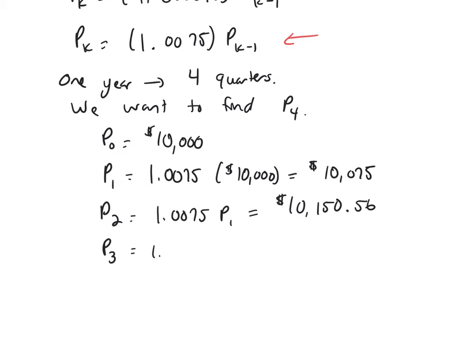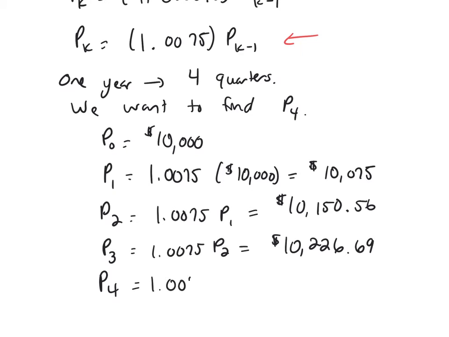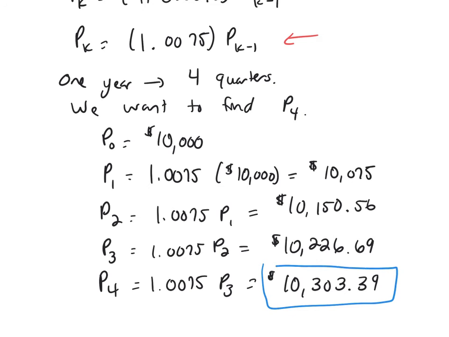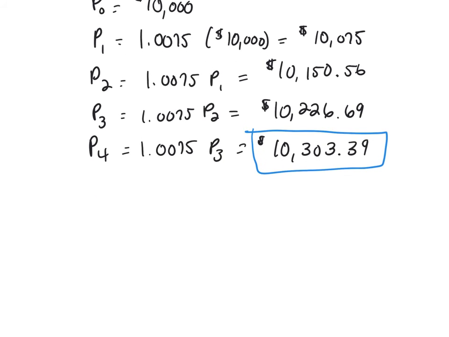P3, times P2. So this will be $10,226.69. And finally, the amount you want to know, multiply by what you got in P3, $10,303.39. So that is how much is in the account after 4 quarters, or after 1 year.